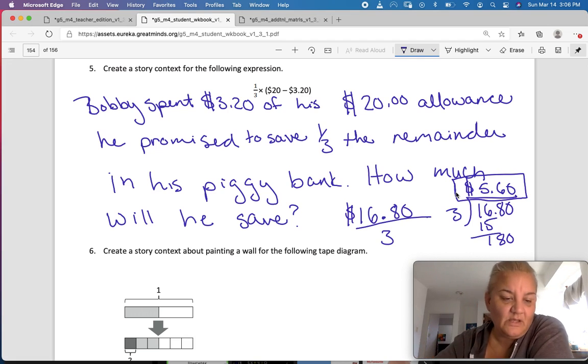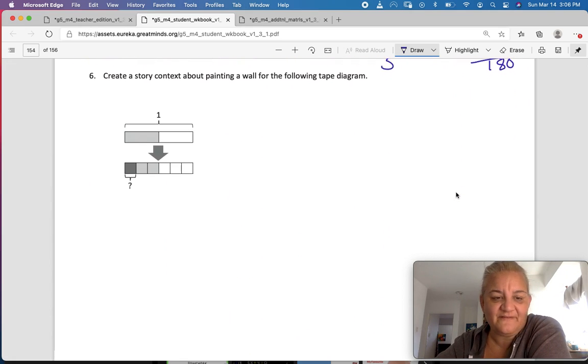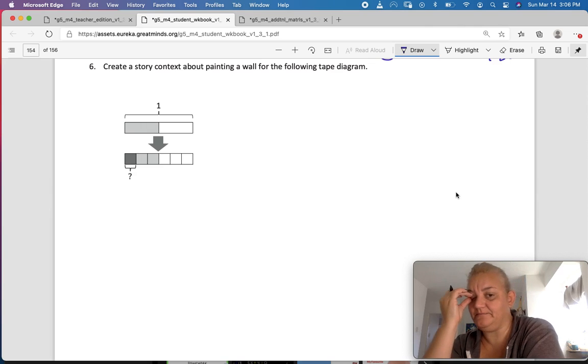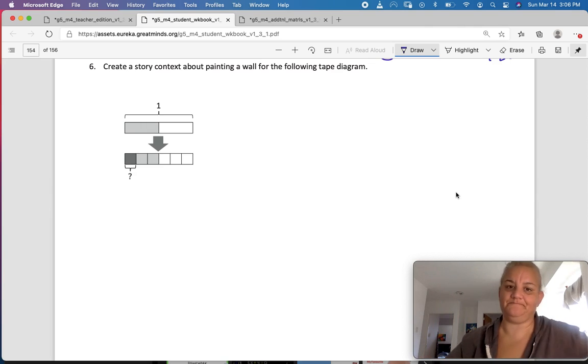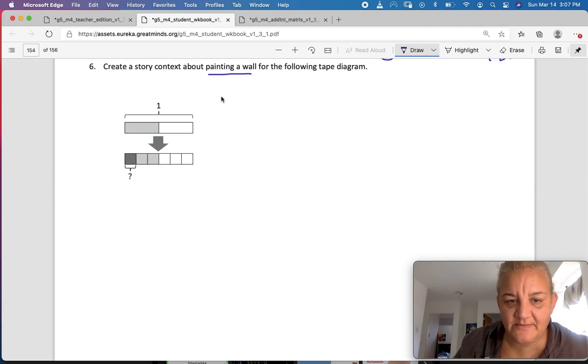But, okay, create a story context about painting a wall for the following tape diagram. Okay. Painting a wall. Should we say Bobby again? Bobby, that's how he earned his allowance.